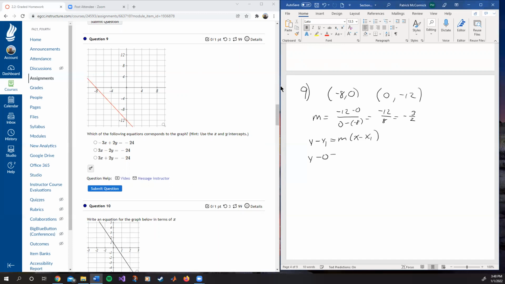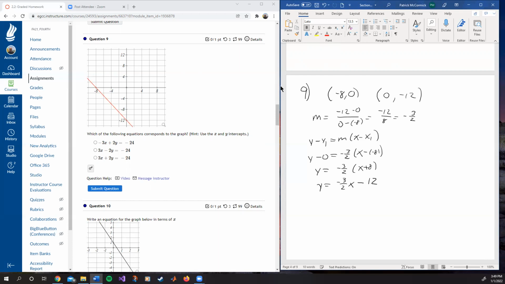So y minus 0 equals -3/2 times x minus a -8. So I get y equals -3/2 times x plus 8. So y equals -3/2 x minus 3/2 times 8 is equal to what?